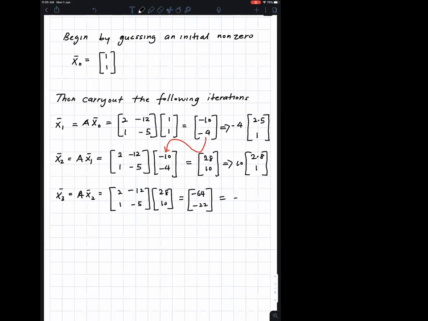Factor out the smallest magnitude and the sign. -3.